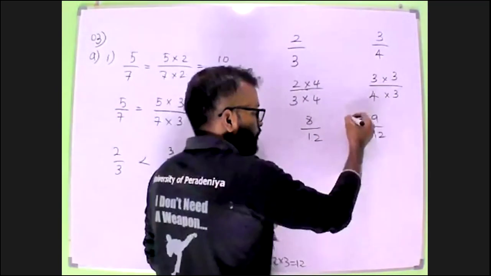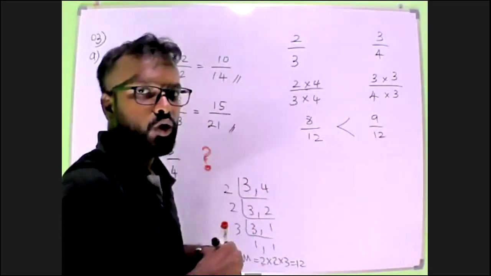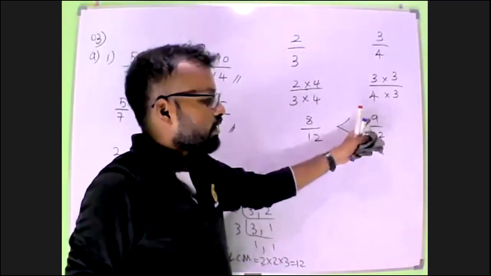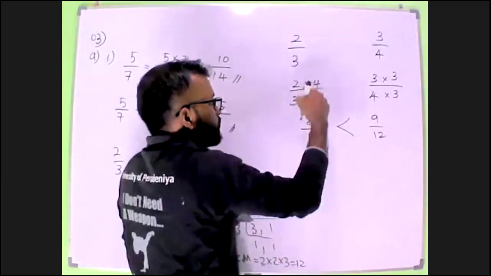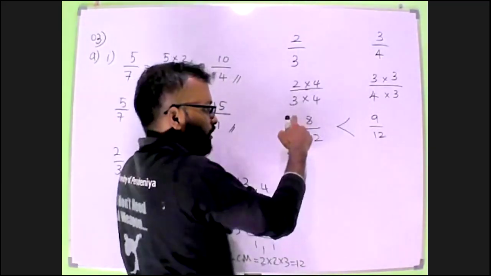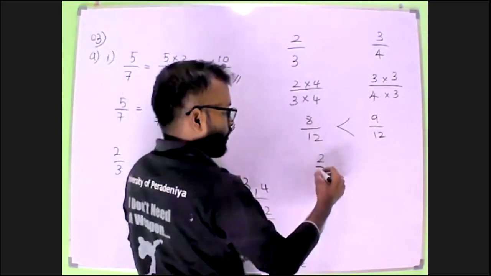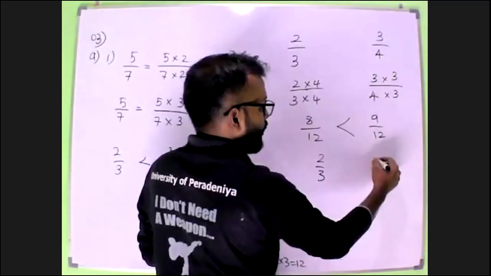So the mouth should open to the bigger side. So 8 upon 12 is less than 9 upon 12. What is the related fraction for 8 upon 12? 2 upon 3. The related fraction for 9 upon 12 is 3 upon 4.